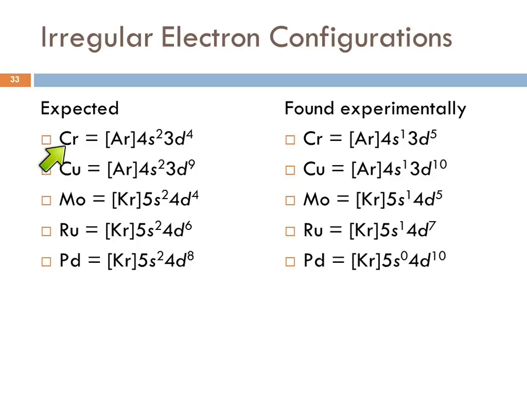Here's chromium. We expect it to be 4s2, 3d4, but it's actually 4s1, 3d5. How many electrons can the d subshell hold? 10. So this is half full, and the s is half full. And there's something special about the subshells being half full. It's like some weird special that the hotel is running.